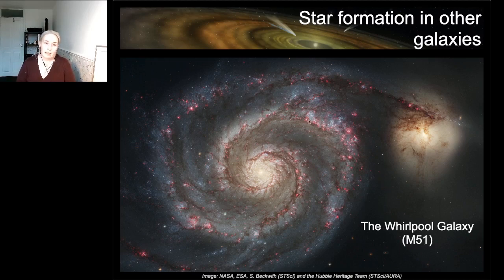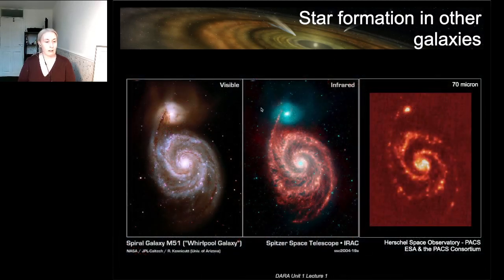The optical wavelength light is pulling out the stars that have already formed, and the infrared light is showing us where stars are actively forming and warming the dust in their surroundings, which we can then pick up at infrared wavelengths. So here's a multi-wavelength image of the Whirlpool galaxy.